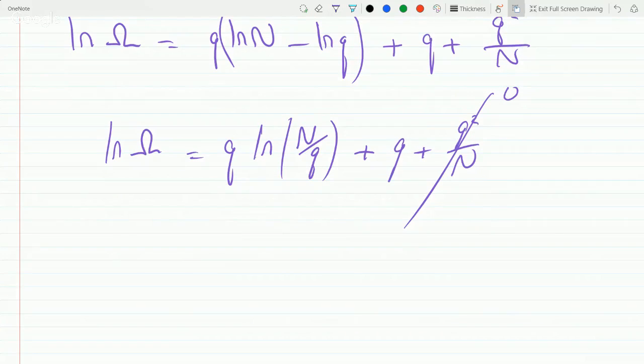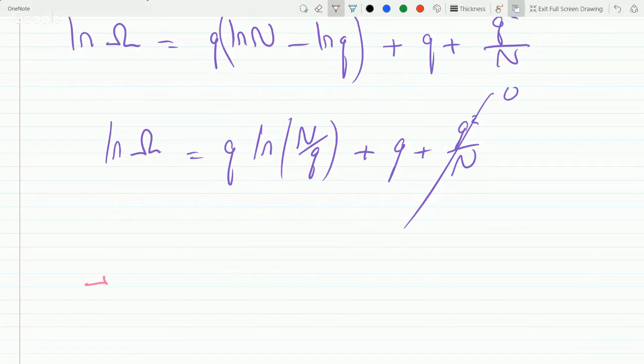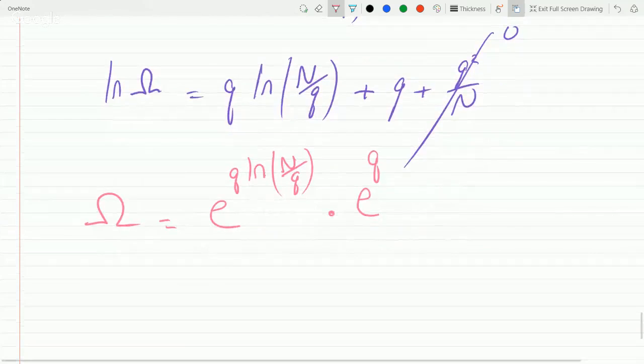And then we would get, so exponentiate both sides now, the multiplicity is equal to e to the q ln (N over q) plus q, or I could just rewrite this as times e to the q, because then you can add these two terms.